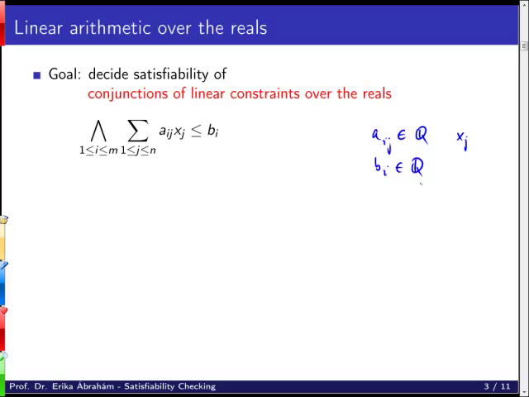Such linear constraints are evaluated in the context of an assignment mu, which assigns each variable a real value. So especially Xj is evaluated by mu. Then let us come back to the question, if I do not allow multiplication, why is it allowed to multiply a constant with a variable?